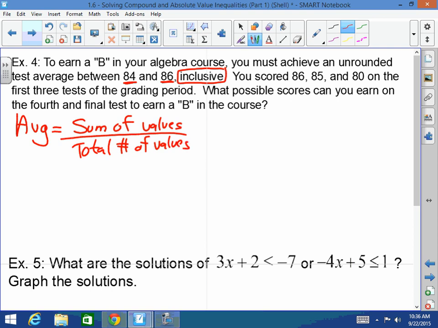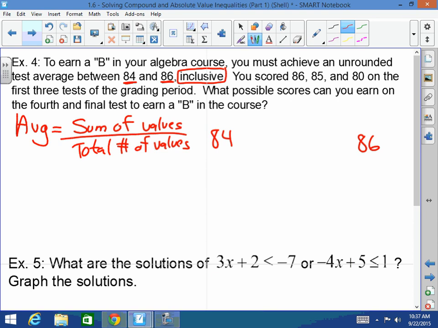That's what average is. Now, in this particular case, you have two averages that you're really trying to shoot for. You want to shoot for between an 84 and an 86, and to get there, your average has to be between an 84 and 86.